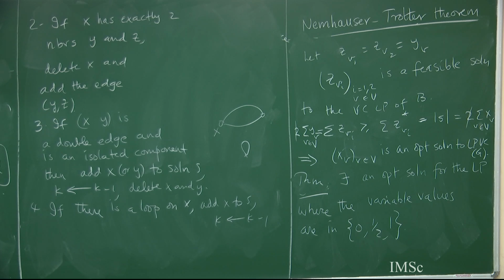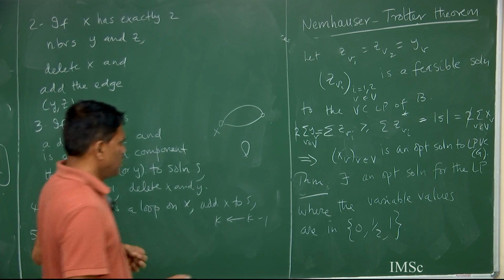What if you have several parallel edges between a pair of vertices? What can you do? Even if it is an isolated component, same thing you can.